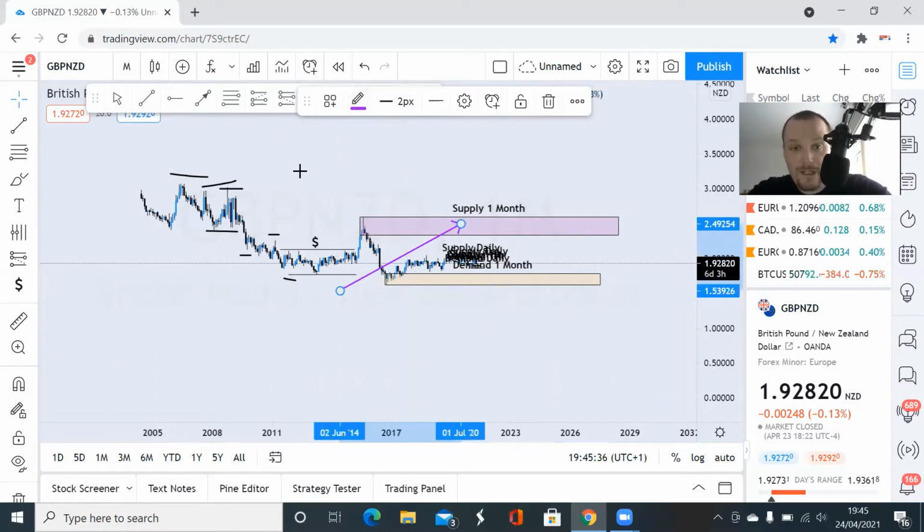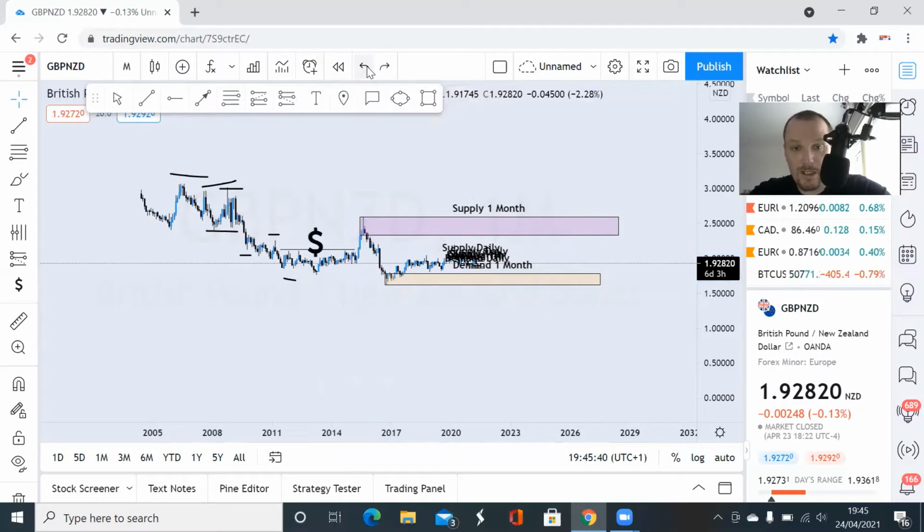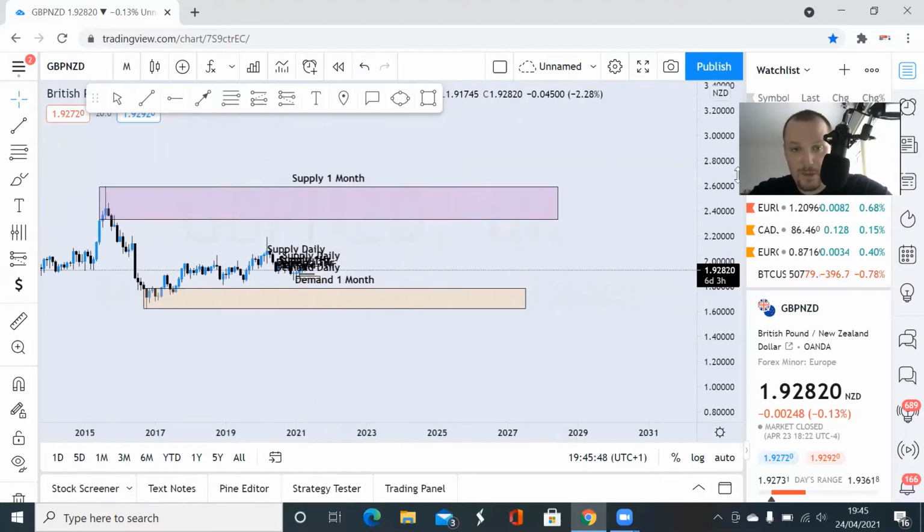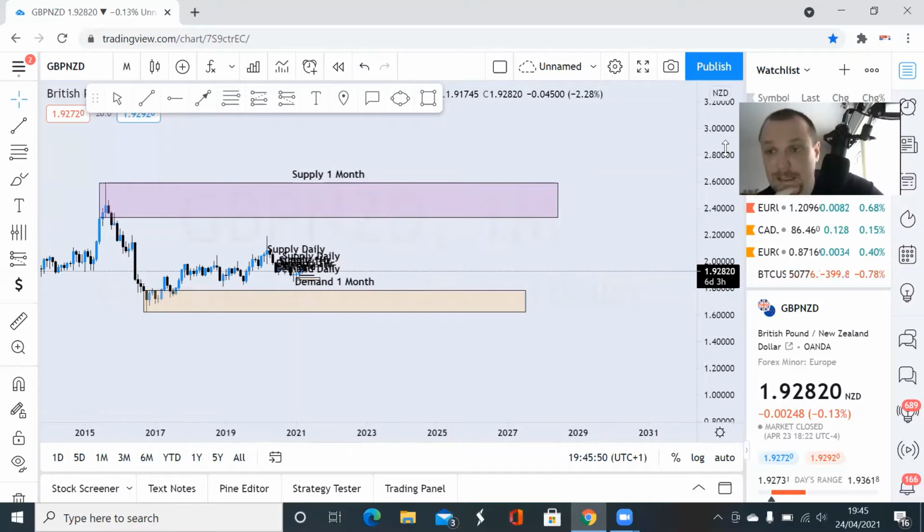But that's just a little insight on the monthly side of things at the moment. So if we blow the chart up a bit, again, supply and demand is a bit like resistance or support. Supply will always be on your ceiling, demand on the bottom.